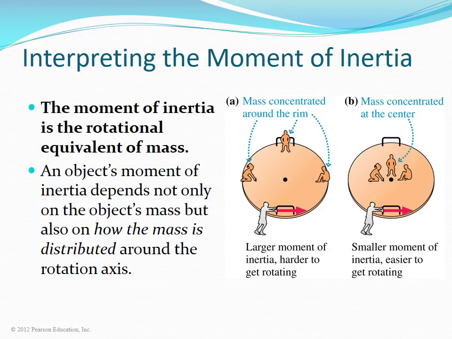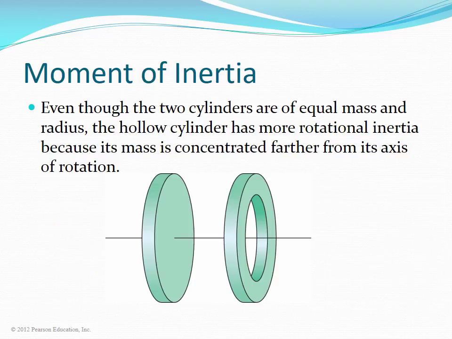In B, all the mass is concentrated at the center, and it has a smaller moment of inertia, and it's easier to get the merry-go-round rotating. Even though the two cylinders are of equal mass and radius, the hollow cylinder has more rotational inertia because its mass is concentrated farther from the axis of rotation.